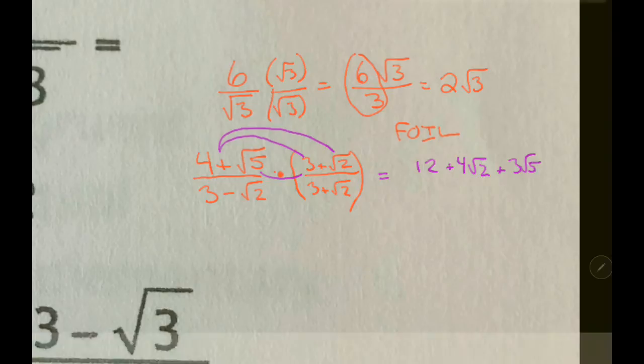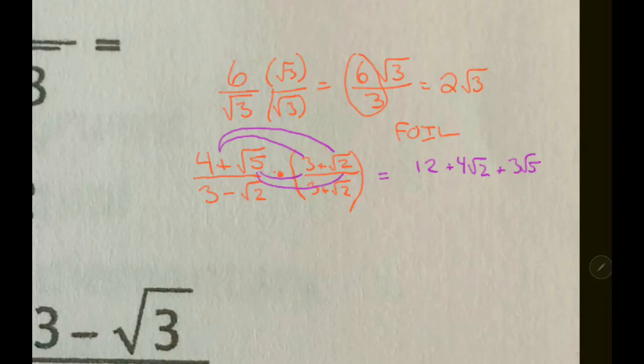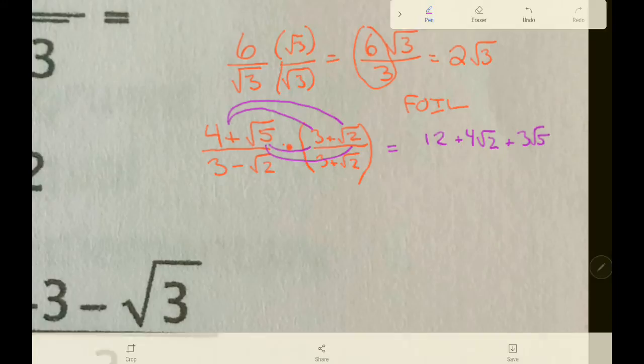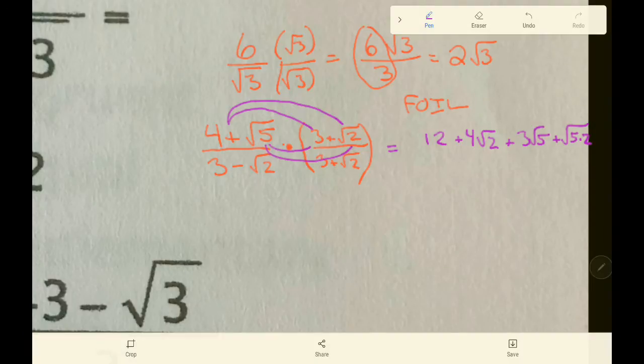This time, we actually won't be combining the middle terms because they're not like terms. Square root of 2 and square root of 5 are not like terms, and you can't do anything to combine them. The last is square root of 5 times square root of 2. Now, that's actually the square root of 5 times 2, which is square root of 10. So we'll change that to square root of 10 after a while.